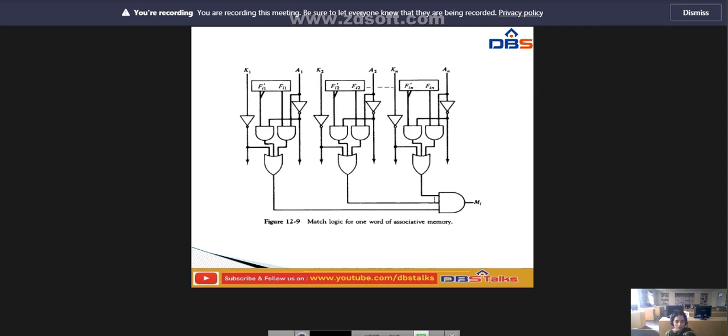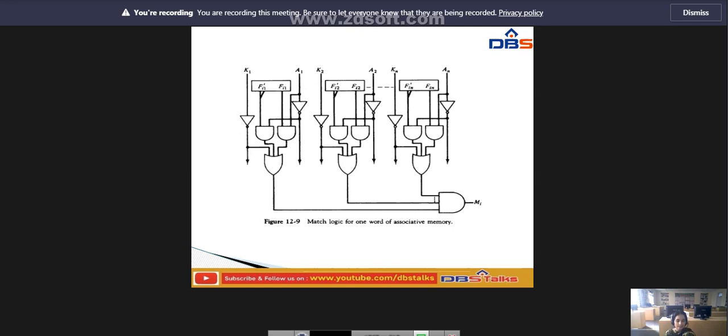So we are having the read operation here. If more than one word in memory matches the unmasked argument field, all the matched words will have ones in the corresponding bit positions of the match register.